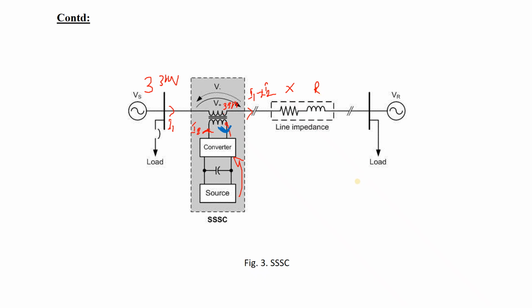Because this is suppose XL or X, this is R, XT suppose transmission line. Now if the SSC is connected in series, so there is an impedance in series, suppose the reactance is in series with the XT, there is a reactance in series.